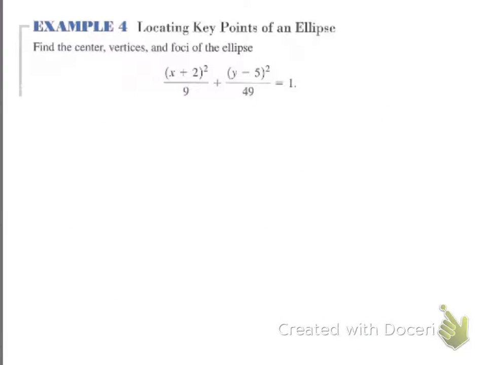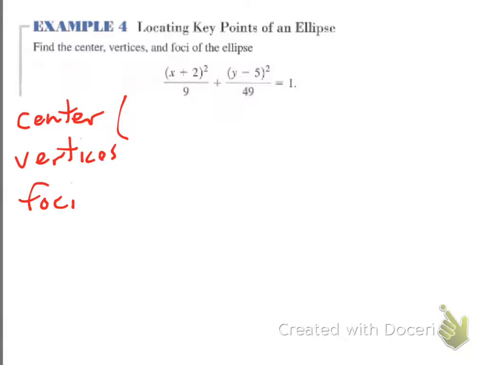Now we have to locate the center, the vertices, and the foci. Center's easy. -2, 5. Just look in the parentheses, do the opposite sign. Piece of cake. Vertices.